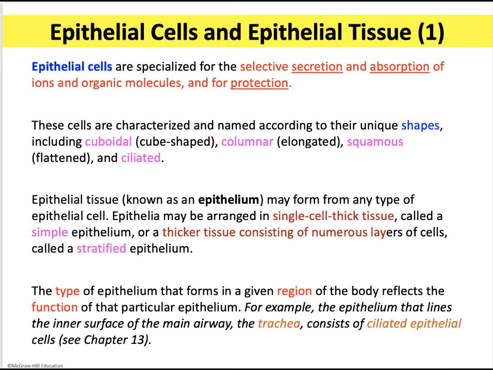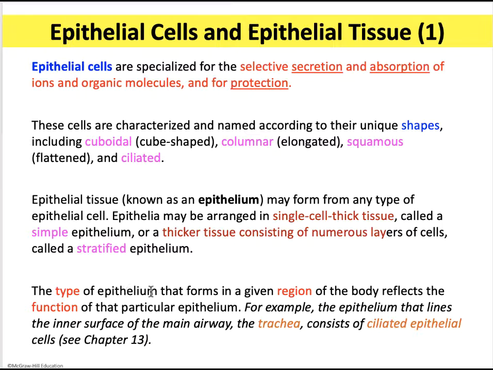In addition, populations of epithelial cells may exist as a single layer covering something, and we call that simple epithelium. Or they may consist of multiple layers stacked on top of each other, in which we call them stratified epithelial cells. The important thing is that form and function are intricately related through evolution.